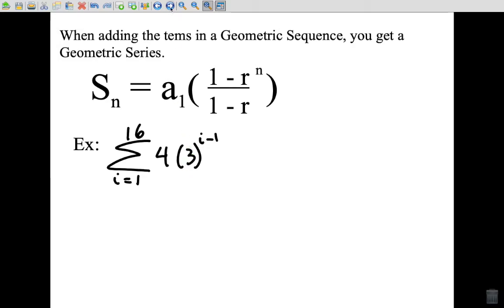So they're telling you what n is, they're telling you a sub 1, and they're telling you r. So it's almost as if this is a little easier than an arithmetic series where you had to calculate the first and the last term and then substitute them into the formula. Here, they're giving you all 4 of the variables that you need to put into the formula. You just have to be very careful how you simplify this.